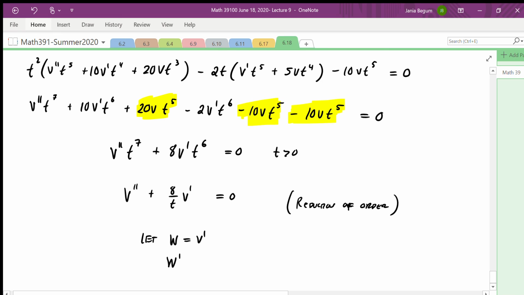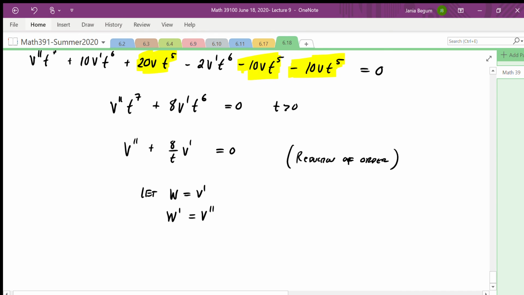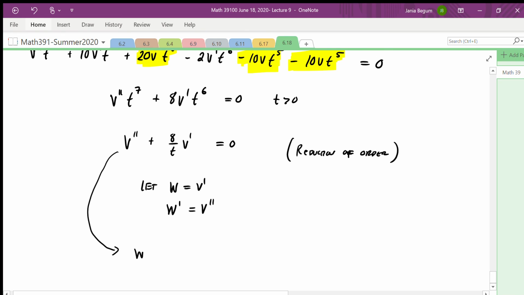That means w prime is v double prime. That was the reduction of order we studied at the end of chapter 2.9. If I do that substitution, this is the differential equation I'm going to have: w prime plus 8 over t w equals 0.